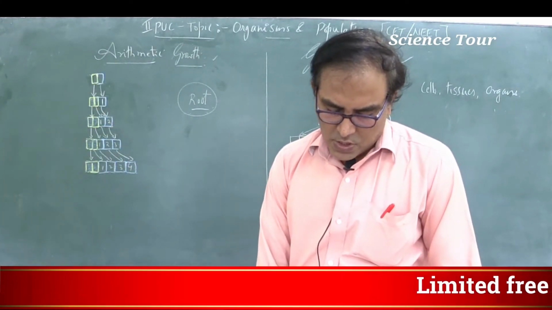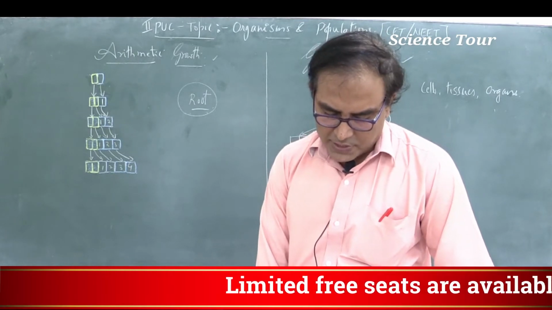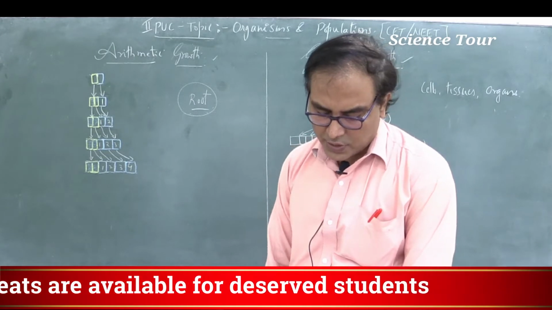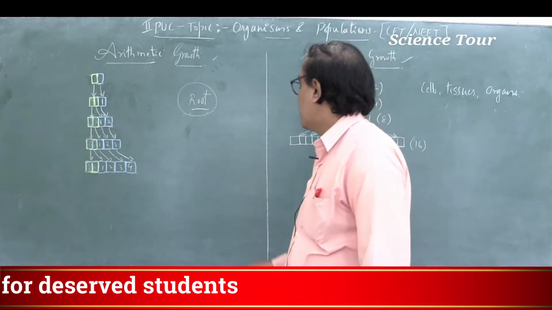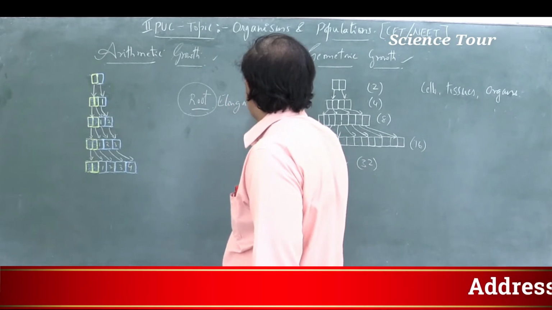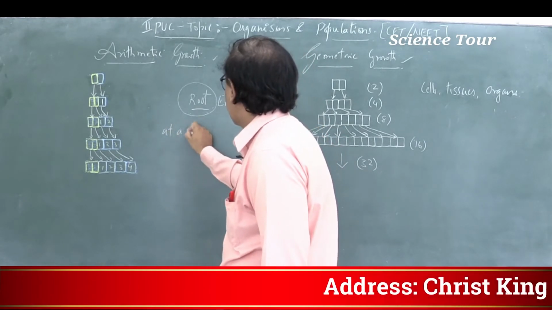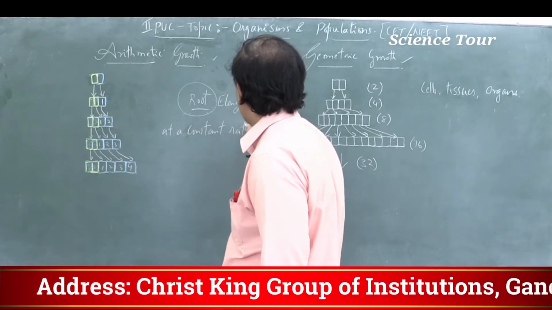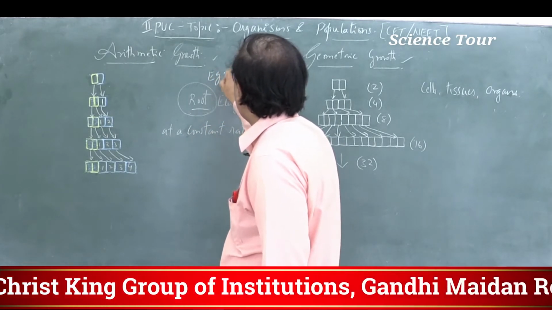So the simplest expression of arithmetic growth is exemplified by a root elongating at a constant rate. This is an example of arithmetic growth.